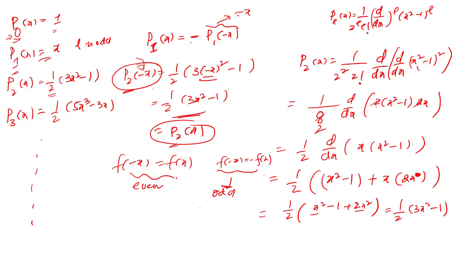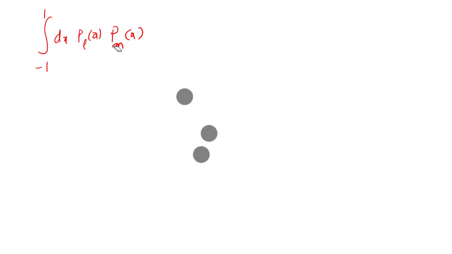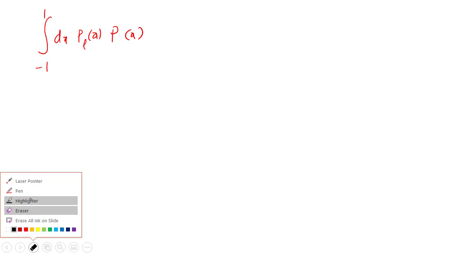So this is very nice because then we can look at some integral that looks like this between minus 1 and 1, right? And we can look at dx PL of x and PM of x, or let me rewrite it as PL prime because we already used M for the phi equation.